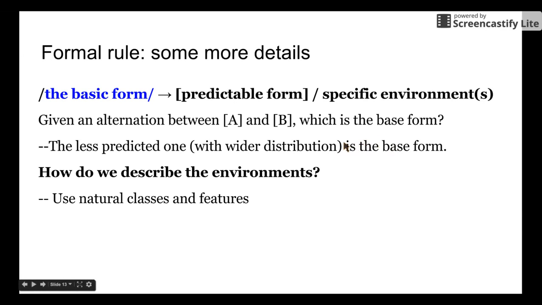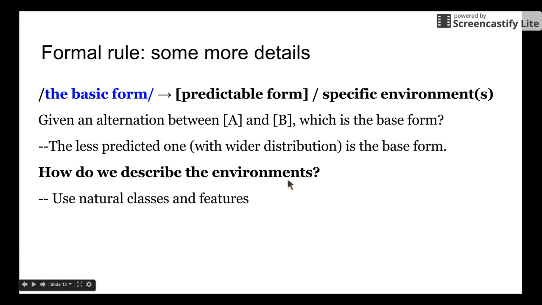Again, let's take a look at the details of the formal rules. So we have this form. The basic form becomes the predictable form in the specific environment. However, given the alternation between two sounds, A and B, the first problem we have to solve is which one is the base form. The answer is that the less predictable one, in other words, the one with wider distribution, is the base form.